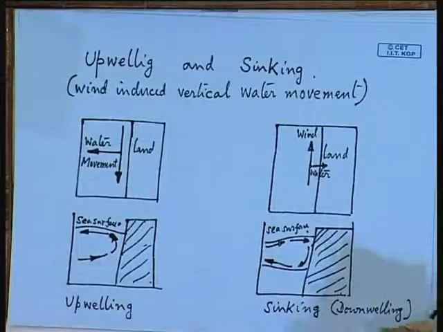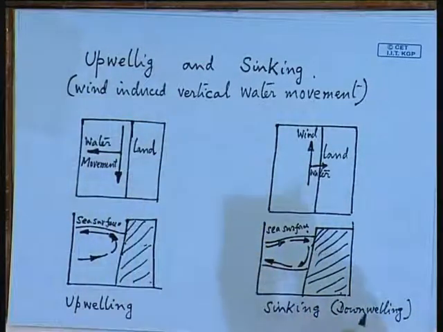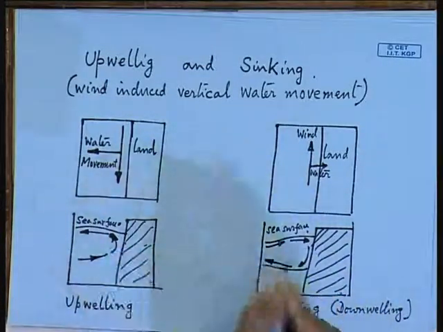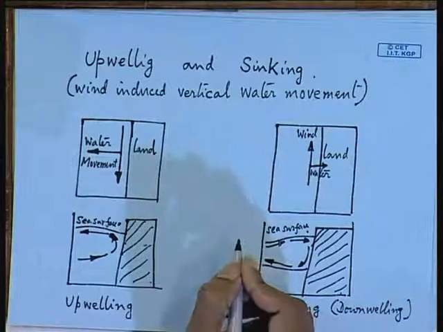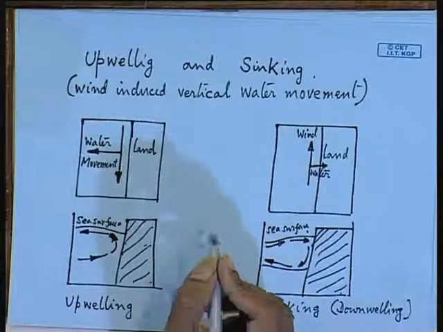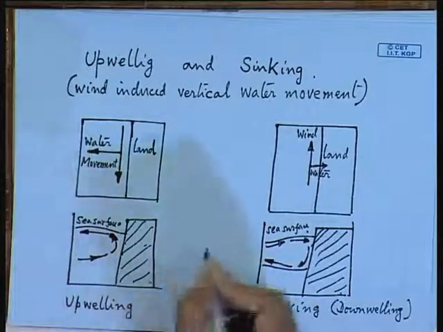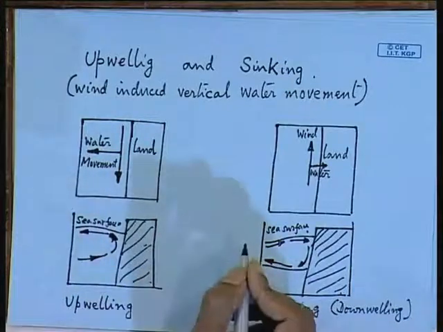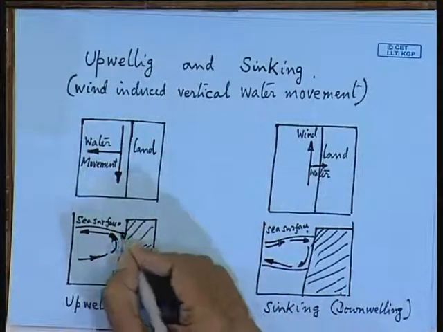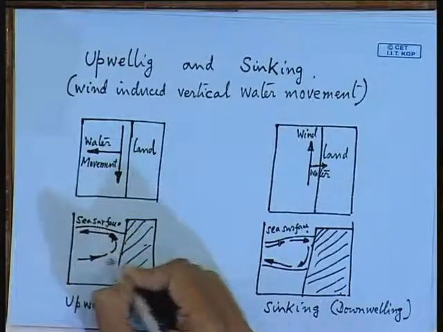So which one is favorable, upwelling or downwelling? In the upwelling case, you will find the bottom waters are coming to the surface. So obviously this is good for the aquatic animals or fishes. At the bottom there is food which is going to circulate.